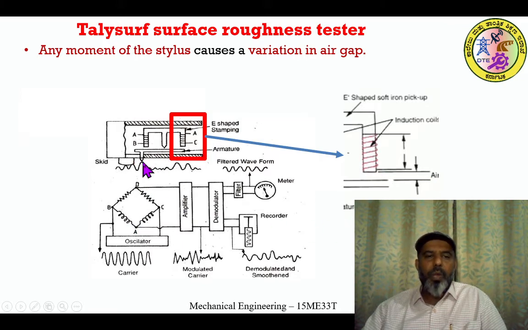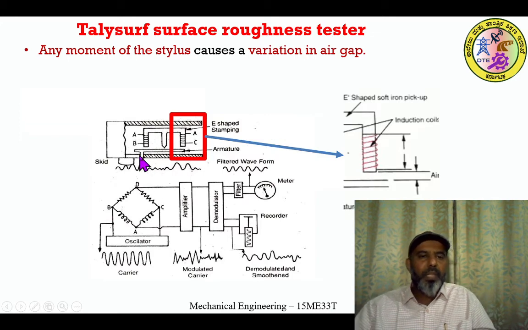When the stylus traces the surface irregularities, there will be an oscillatory motion, the upward and downward movement of the stylus, and this movement is going to cause the variation in air gap.